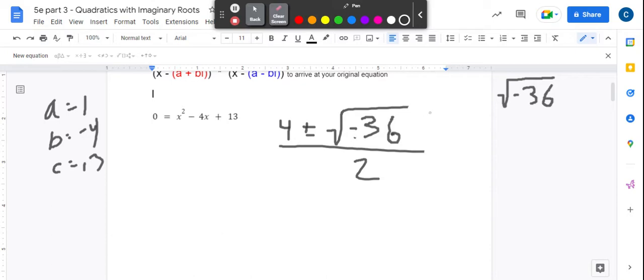We can break this down into the square root of negative 1 times 6 times 6, and the whole square root can go away. The negative 1 comes out as i, because the square root of negative 1 is i, and 6 times 6 is 36, so the square root of 36 is 6. So the square root of negative 36 really becomes 6i.